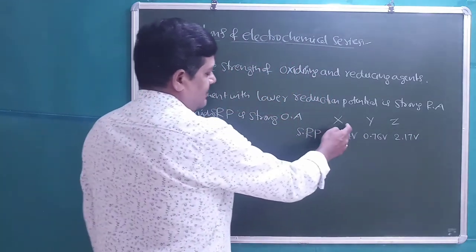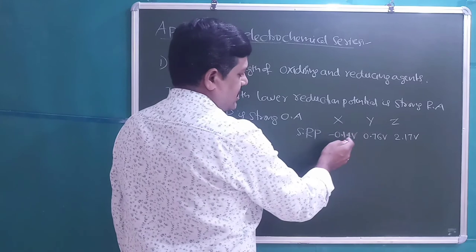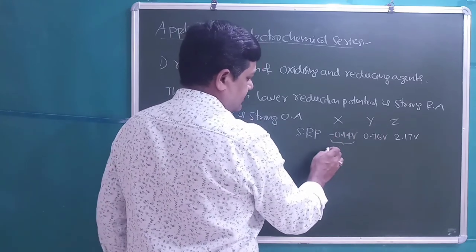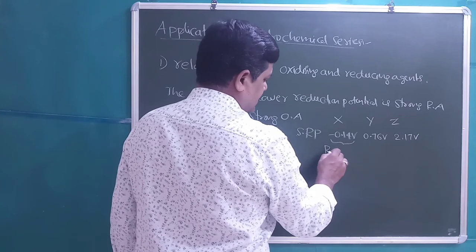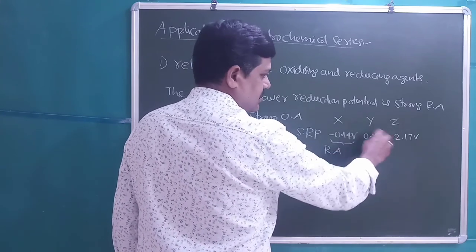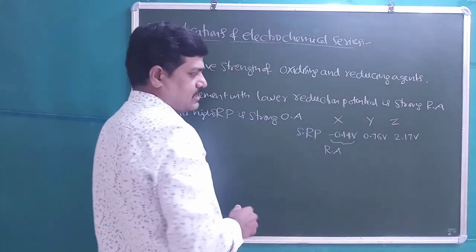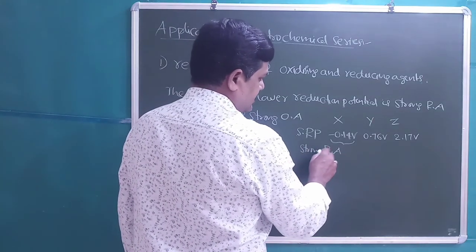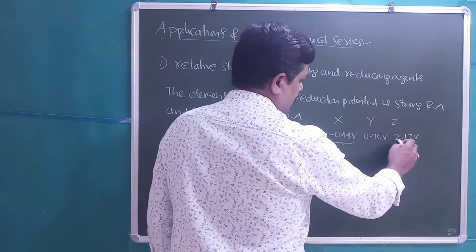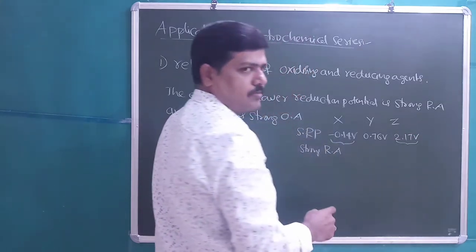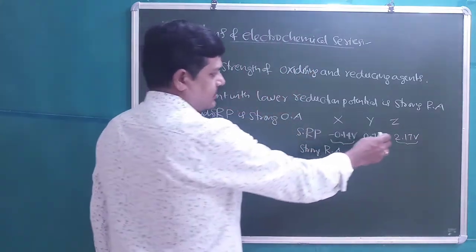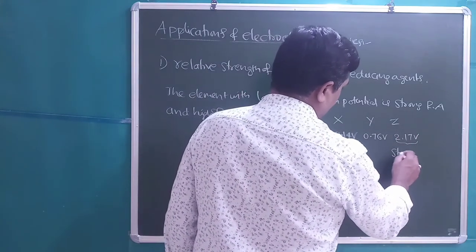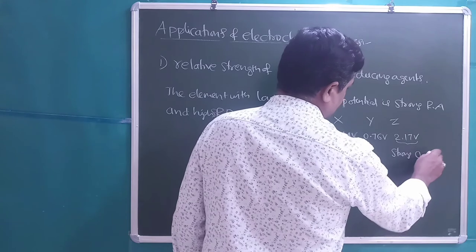Then the element which has the lowest reduction potential among the given three is the strongest reducing agent, and that is X. The higher, more positive value of reduction potential indicates a strong oxidizing agent.